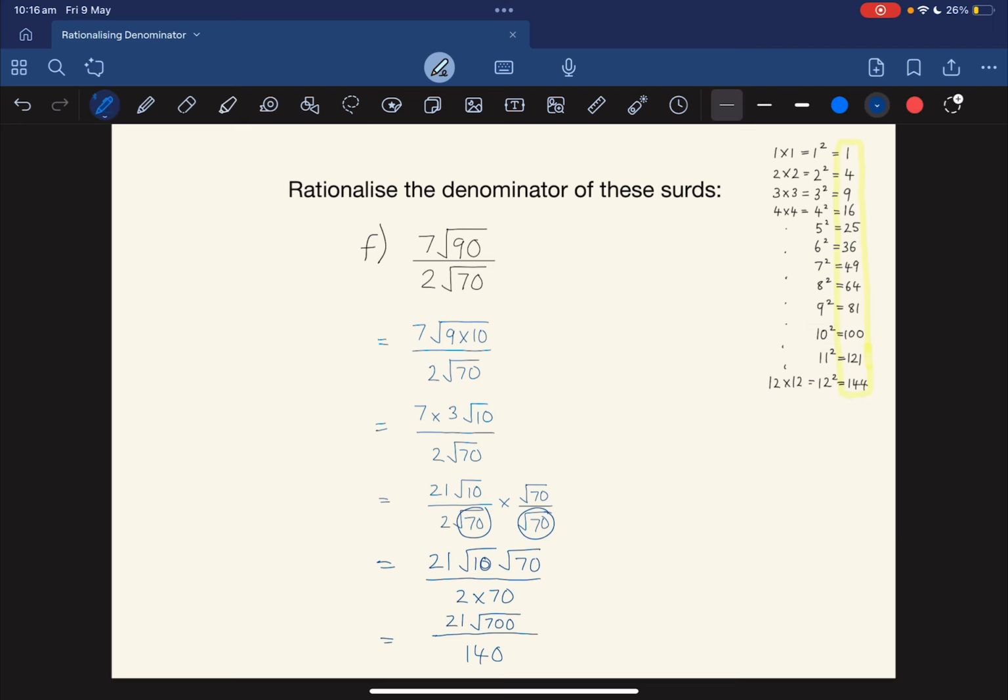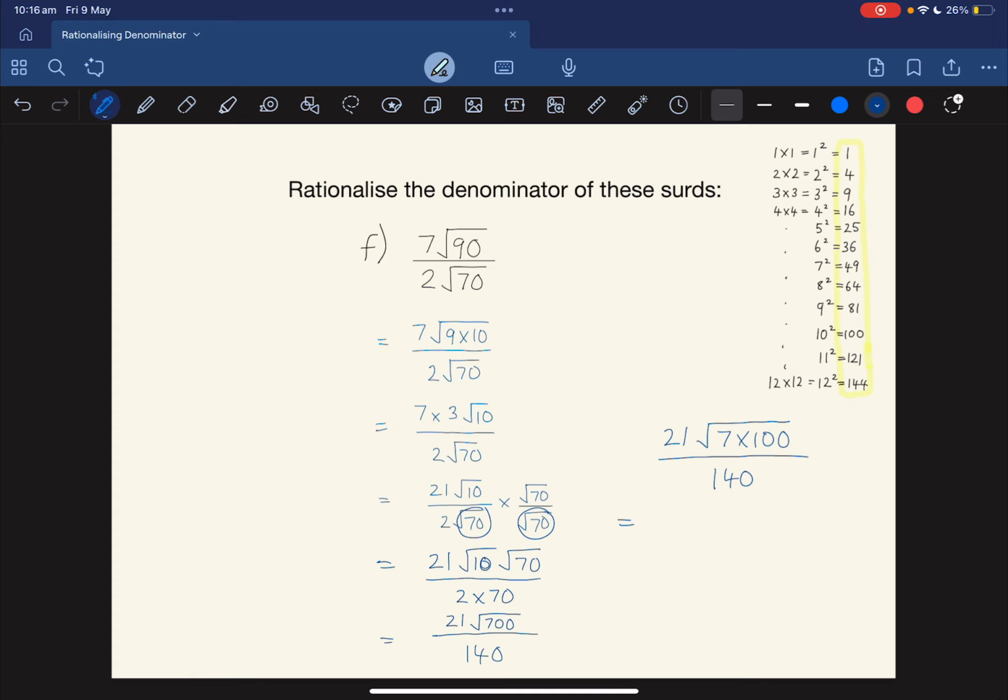Okay. Let's just rewrite it. It turned out to be trickier than I thought. So 700 is 7 times 100 on 140. Now, you know what? Oh, no. I know.